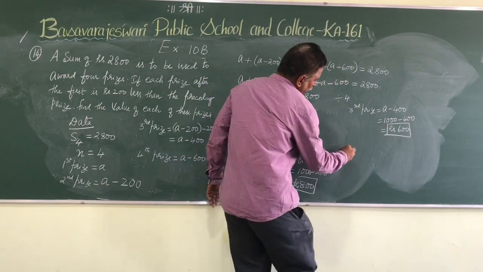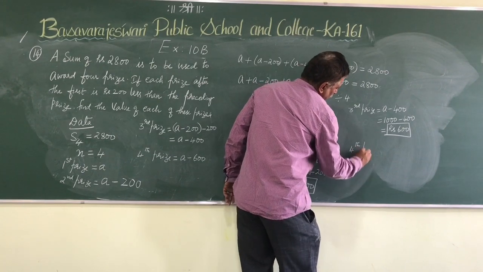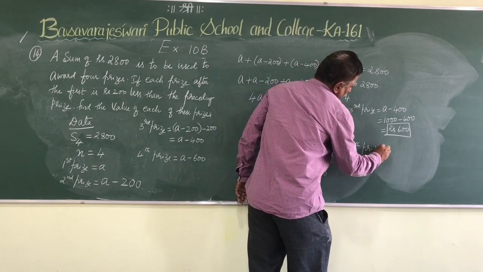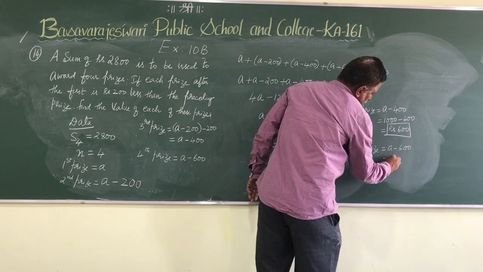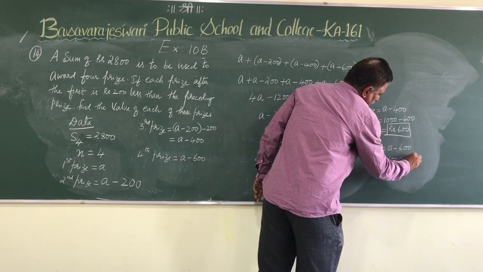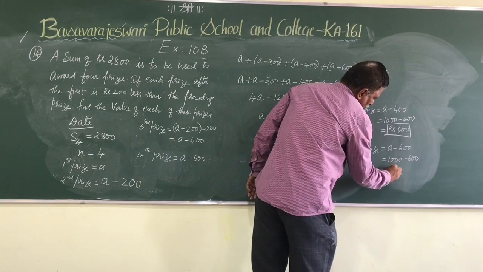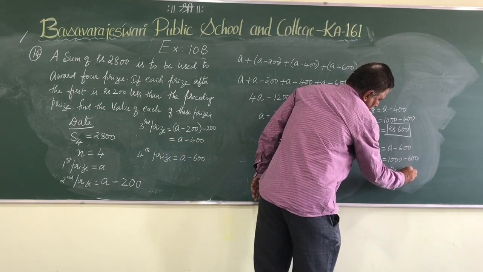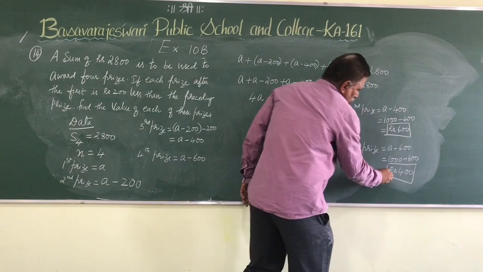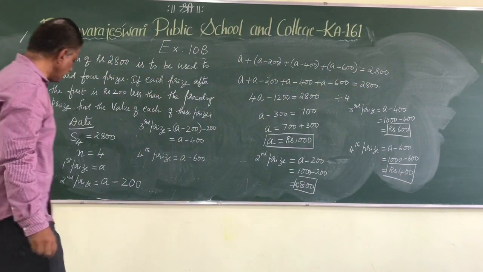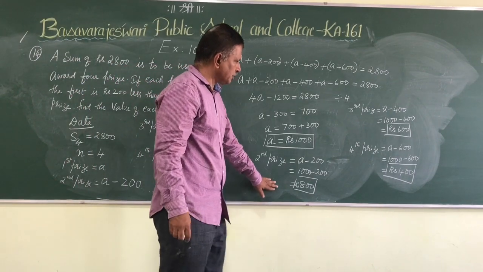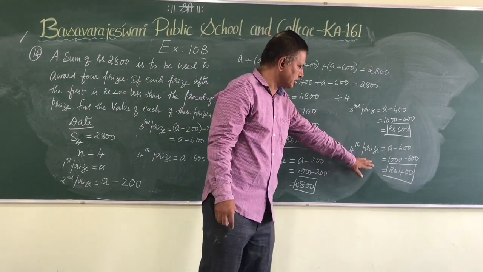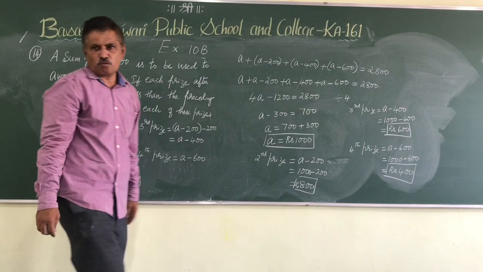Then the fourth prize, that is A minus 600, that is 1000 minus 600. So therefore the fourth prize is rupees 400. Very clearly, the first prize is 1000 rupees, the second prize is 800 rupees, the third prize is 600 rupees, and the fourth prize is 400 rupees.